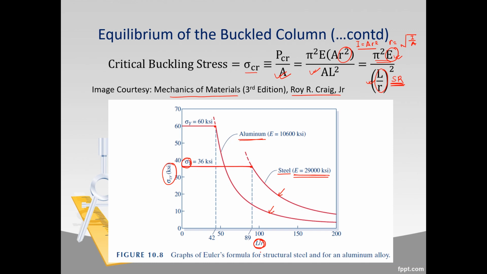So this shows us the graph of Euler's formula for structural steel and for an aluminum alloy. So this is about the derivation of the equilibrium of buckled column, in which we derive the value of the critical load and the critical buckling stress.